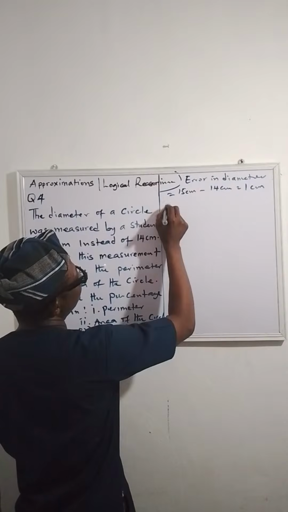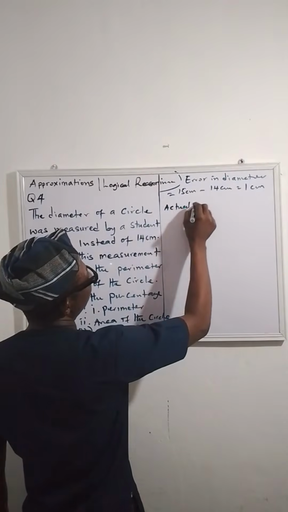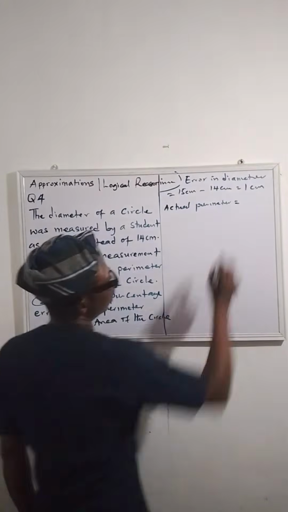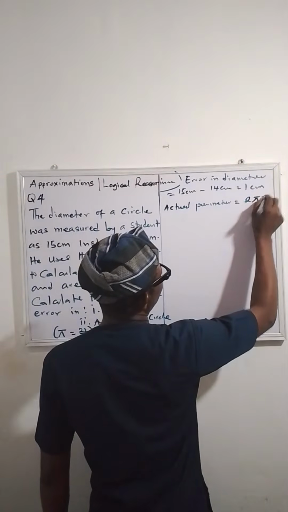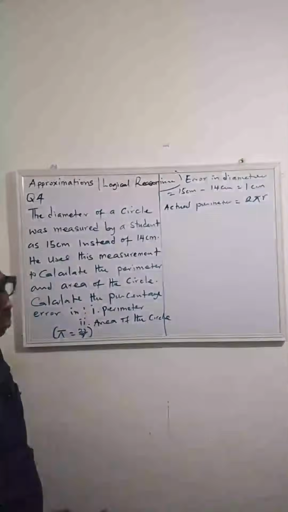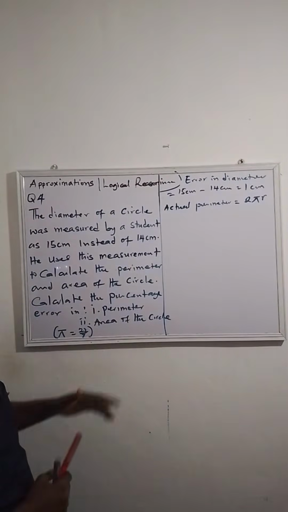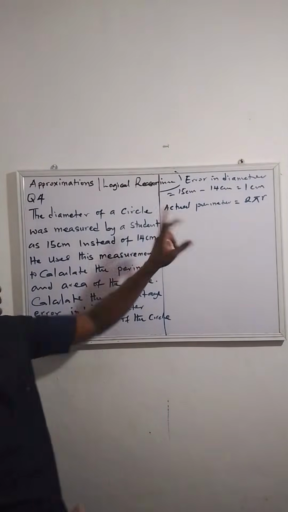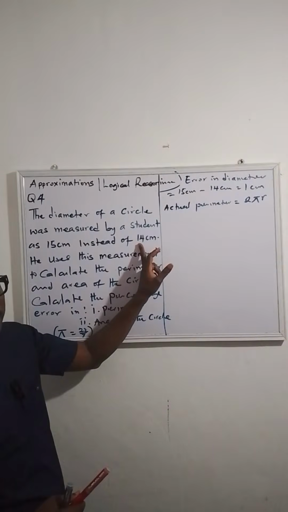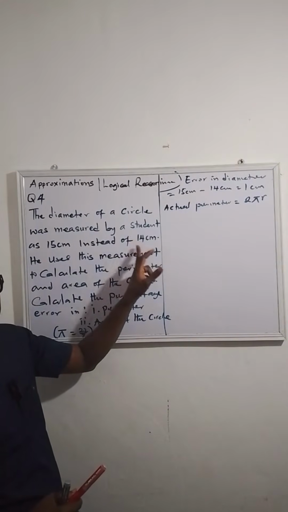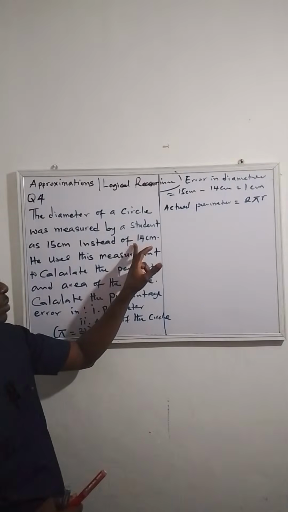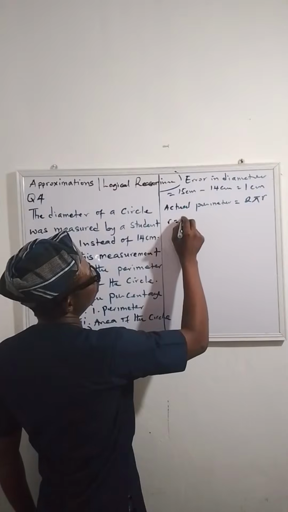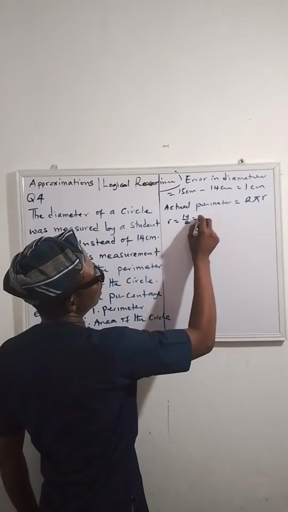Actual perimeter of the circle, that is 2 pi r. Don't forget, radius is the same thing as diameter divided by 2. So r is 14/2, and that's 7 centimeters.